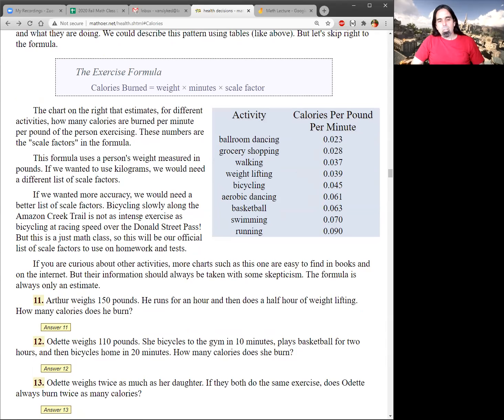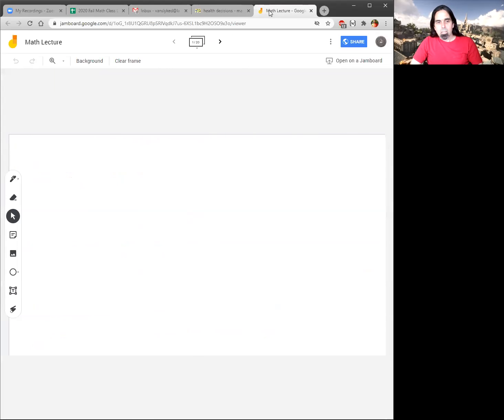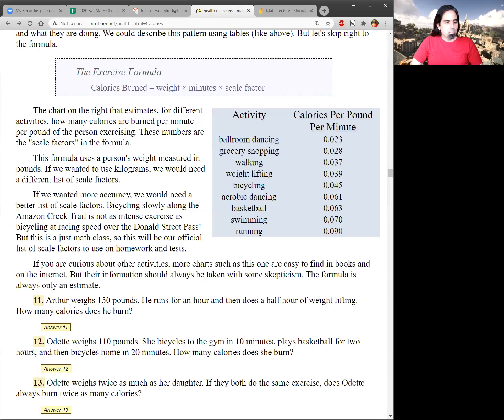So using the formula isn't too bad. Let's do our first problem. So I'm going to go back here to our Jamboard. Why didn't that paste? Oh, because I have to do my other thing. It's been a while.